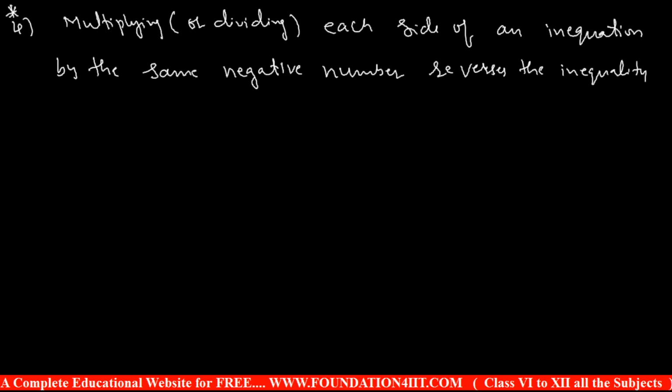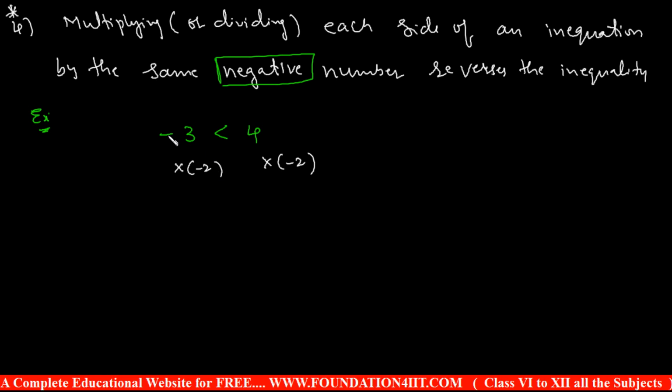Let us see one simple example. I will show why you are getting this exactly. For example, we know that minus 3 is less than 4, because negative 3 is less than 4. Multiplying with a negative number: I am multiplying this side with minus 2, and this also with minus 2.